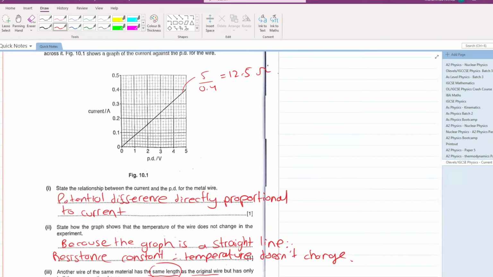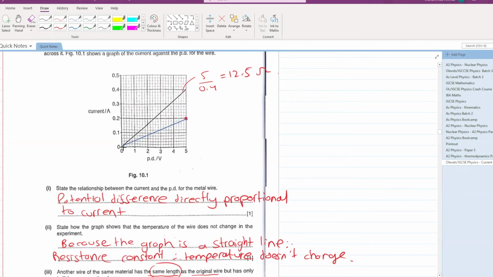Now, for the new wire, the resistance has doubled. So the resistance would be what? 25 ohm. Now, how can I get 25 ohm? If I keep my voltage same but I reduce the current, this should be my point. And then let's draw the graph like this.